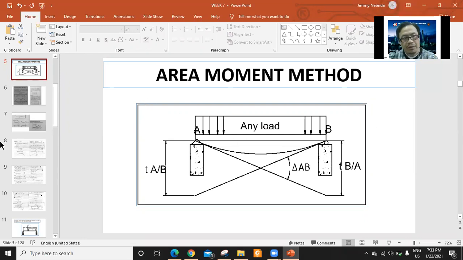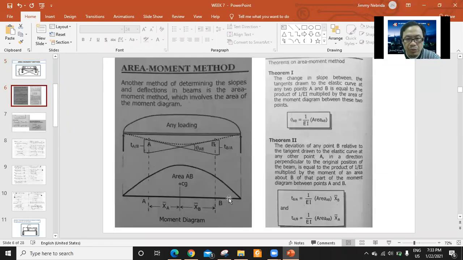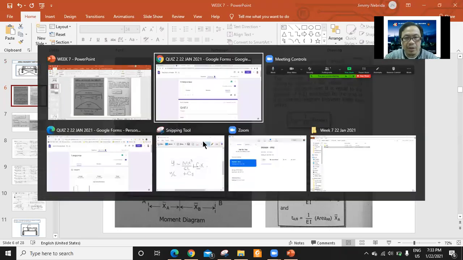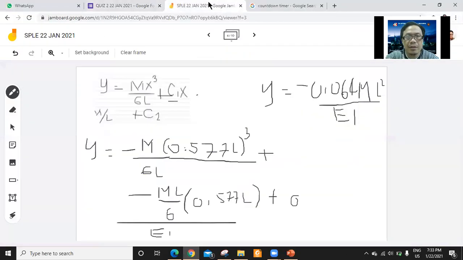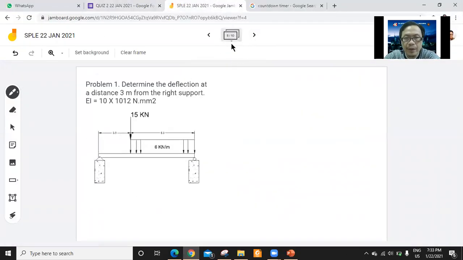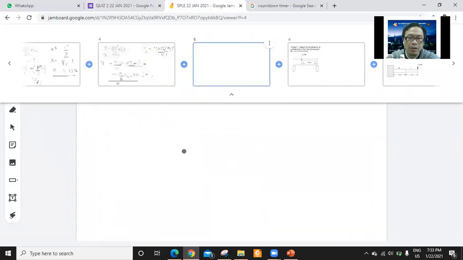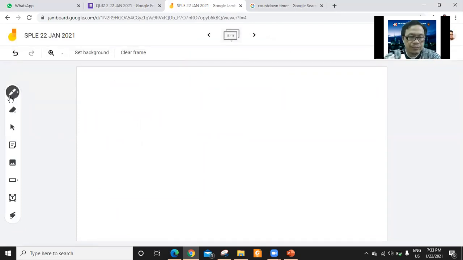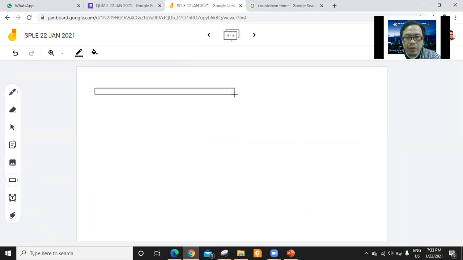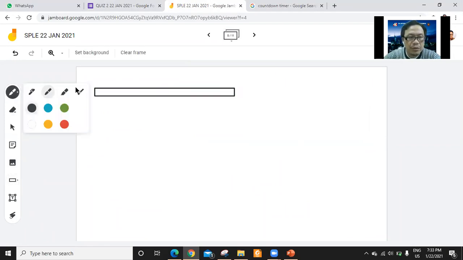In area moment method, I think that you have to remember this formula. Let me show you in this. If you have here the load, and then you have here the elastic curve.